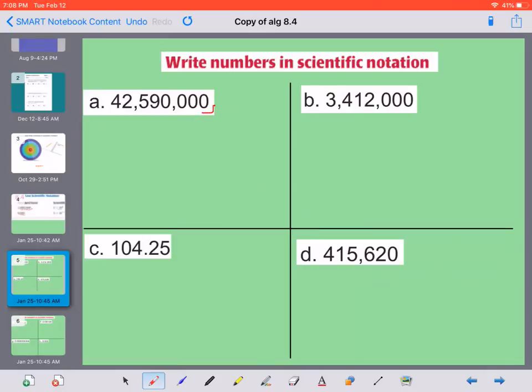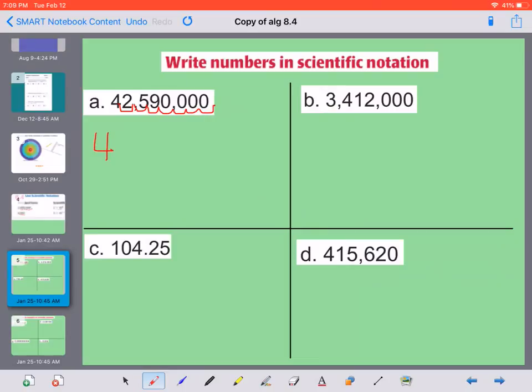So I'm going to go 1, 2, 3, 4, 5. If I ended there, I'd have 425.9, and that's not between 1 and 10. 42 is not between 1 and 10. 4 is, though.